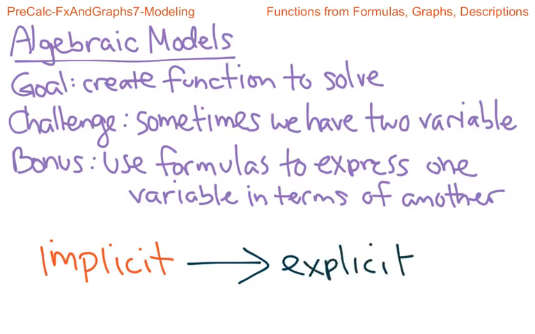So, just like you did in the review, you solve for one variable in terms of another, and we got an equation that we could use, that we can plug some values in and solve for that variable. All right, so we're going from implicit to explicit, and you'll see what I mean as we solve Hans's problem. So let's get to it.